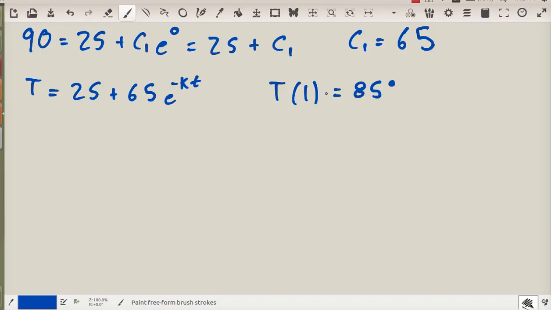The units don't actually matter as long as you're consistent with which ones you're using. Obviously Fahrenheit and Celsius are on the same scale, so it doesn't matter. It can even be Kelvin.